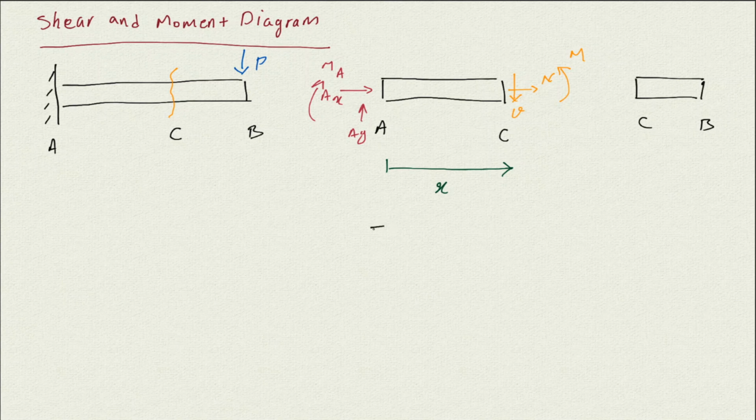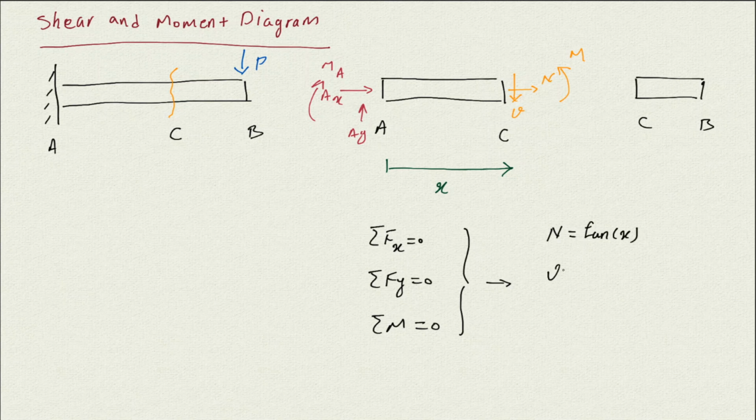So we write sigma Fx is 0, and then sigma Fy is 0, and then sigma M, mostly about the section, but it can be written about any point. We write sigma M is 0, and eventually these three give us a set of equations, giving us N as a function of x, V as a function of x, and M as a function of x.